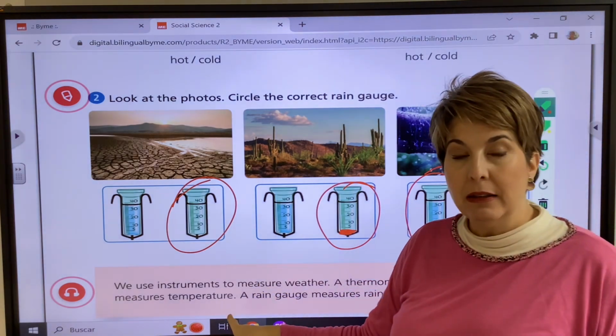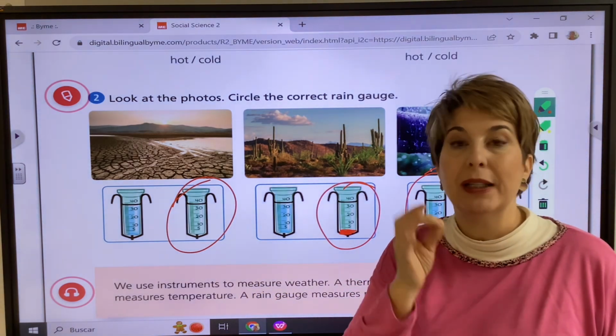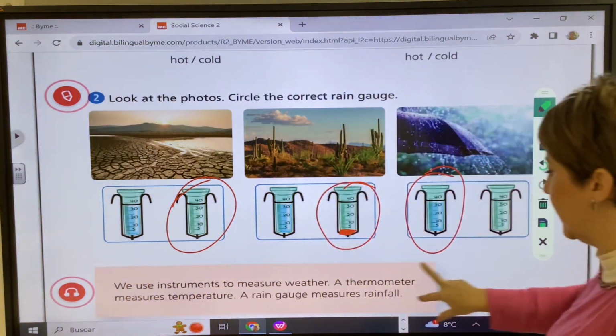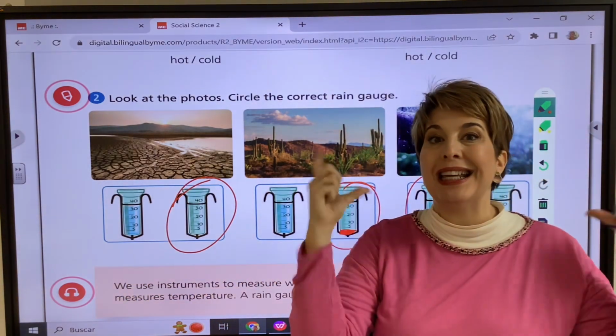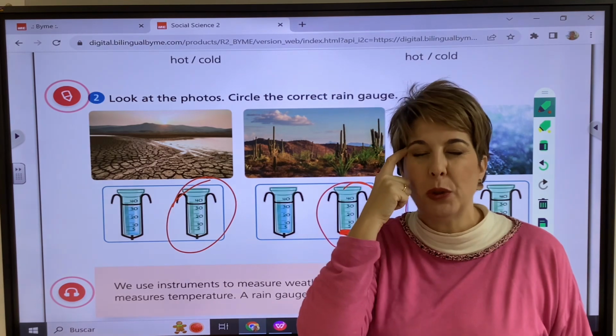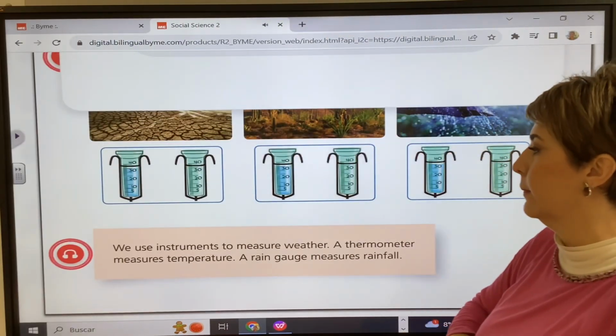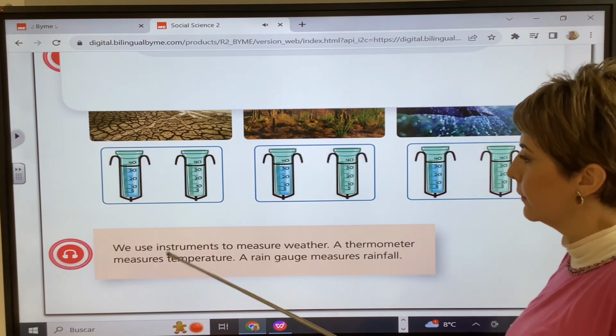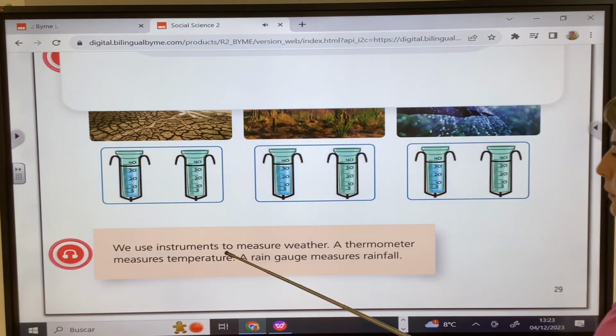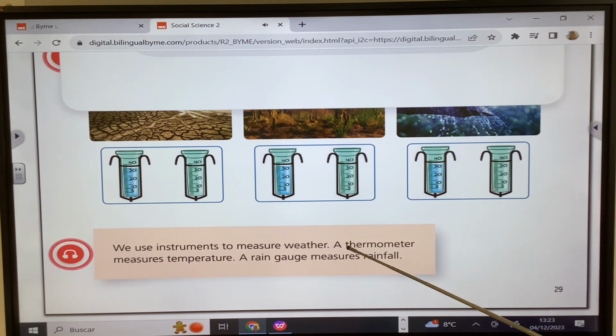Let's listen to the reading, because you know that this little rectangle here is the information you have to study, okay? You have to study that. Weather instruments. We use instruments to measure weather. A thermometer measures temperature.